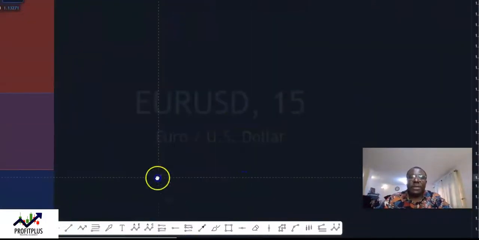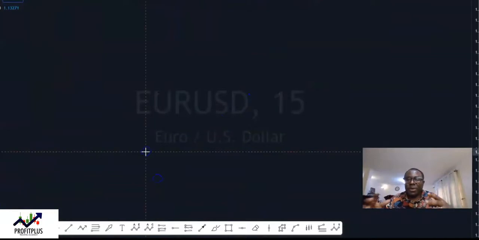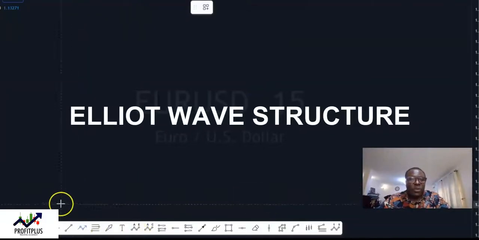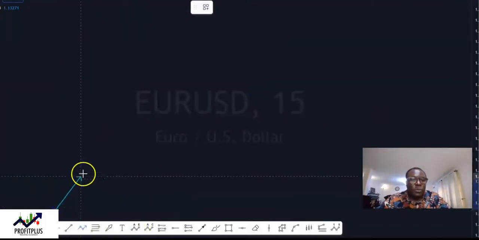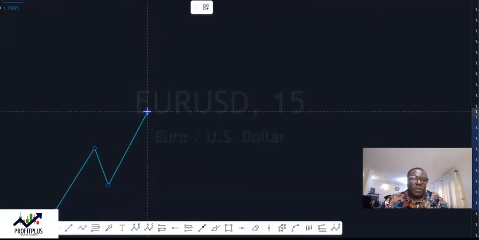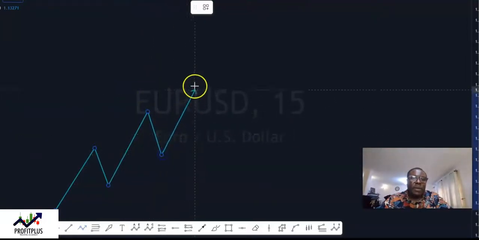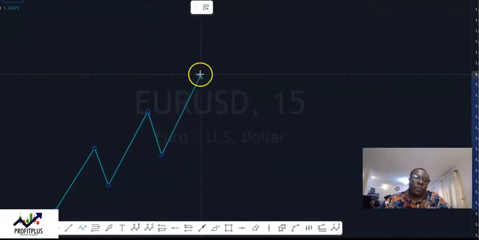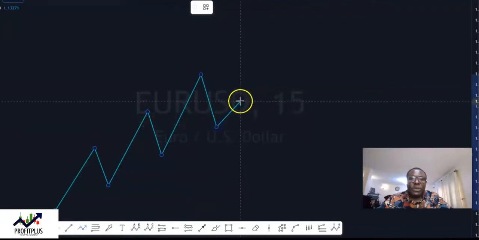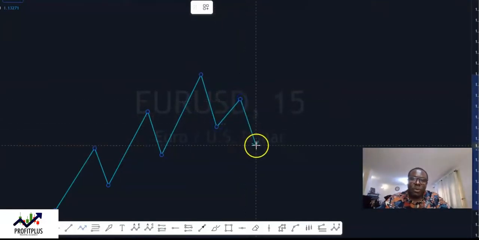So looking at structure again, if you are looking at trading structurally and you are combining it with retracements, we have a typical Elliott wave structure. This is an impulse, wave 1, this is the first retracement, then 3, then the fourth, the second retracement, and then the fifth wave. Now it gives us an ABC retracement corrective structure here.